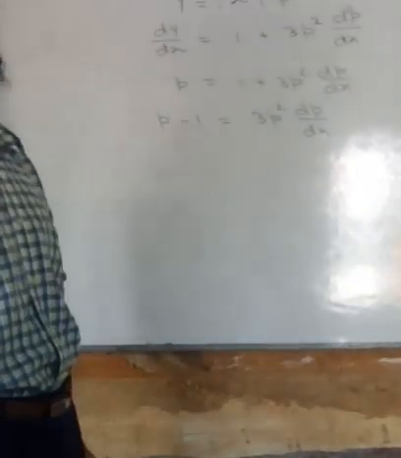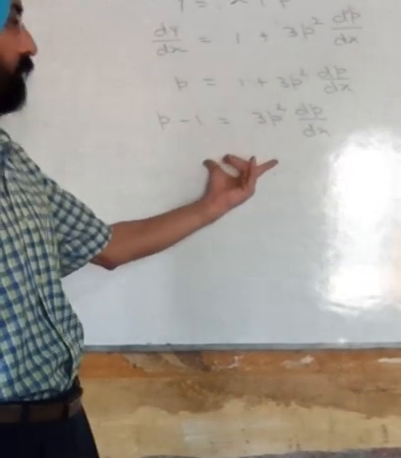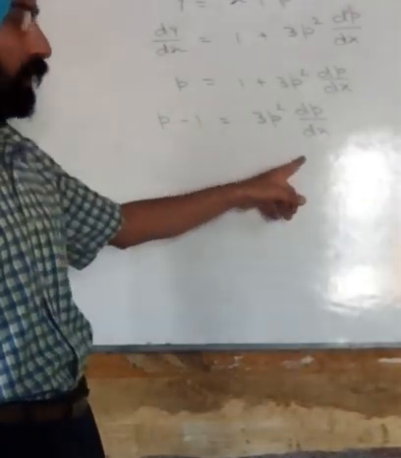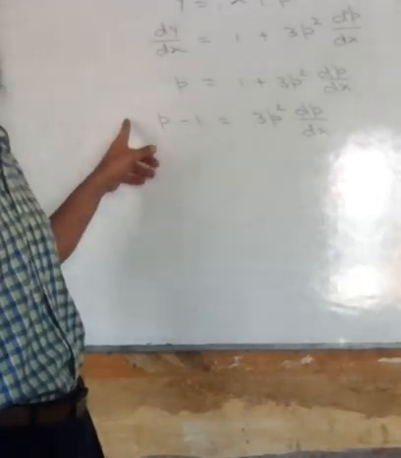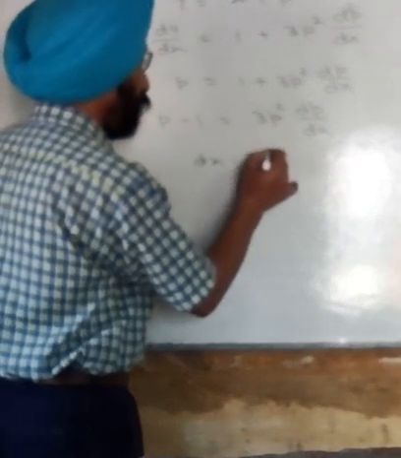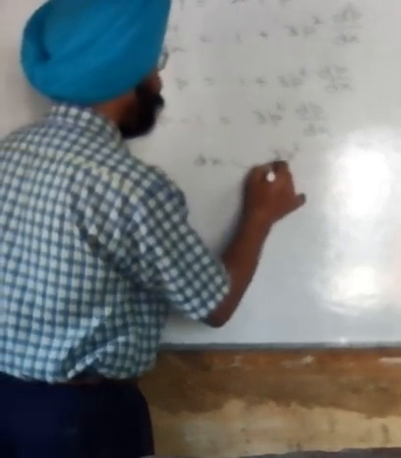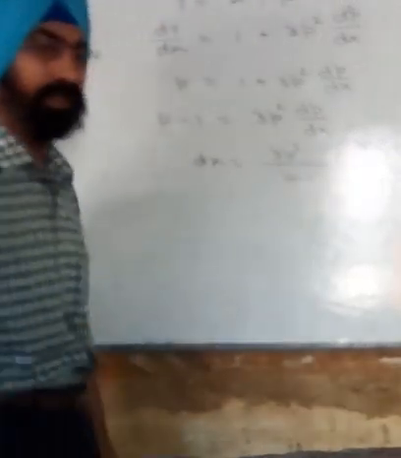Now it is very much visible that it is a variable separable equation. You can take p minus 1 to the denominator on the right hand side and dx to the numerator on the left hand side. You will get dx is equal to 3p square over p minus 1 dp.